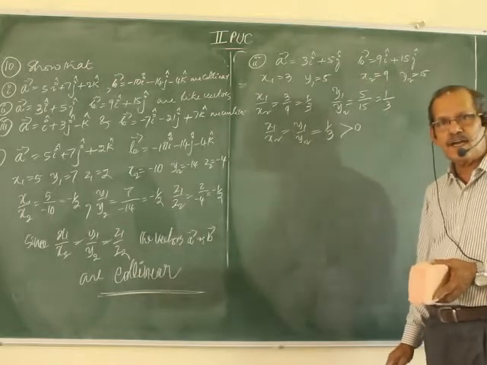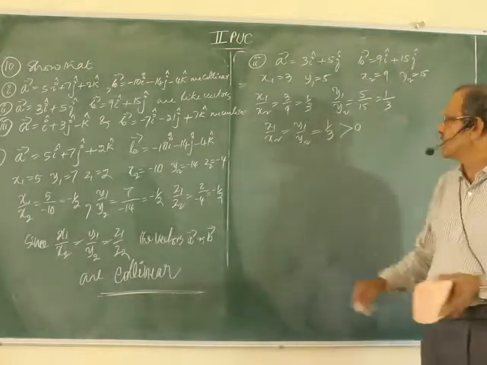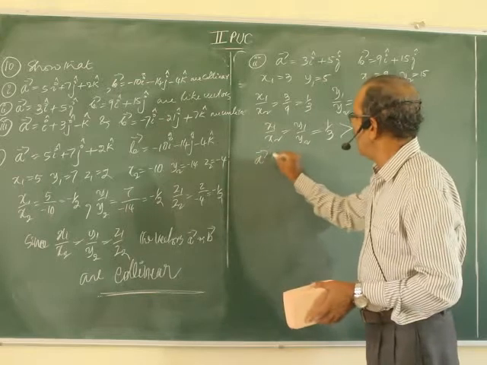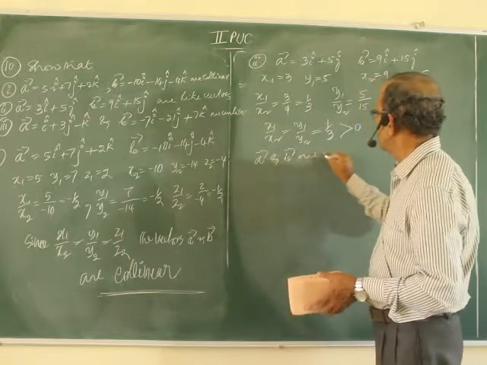They are collinear. Not only collinear, they are like vectors. A and B are like vectors.